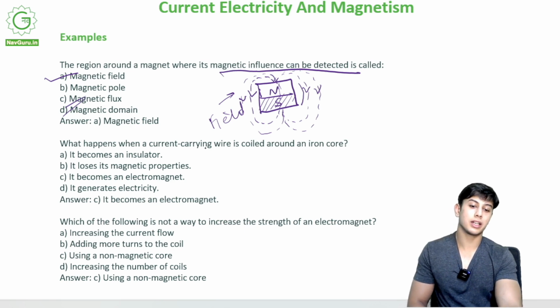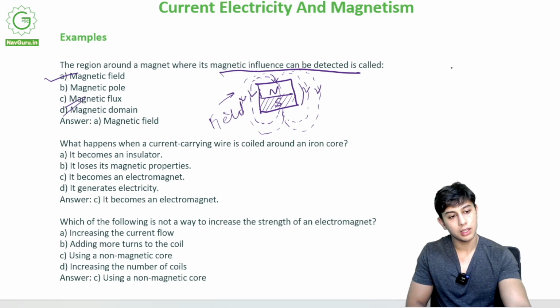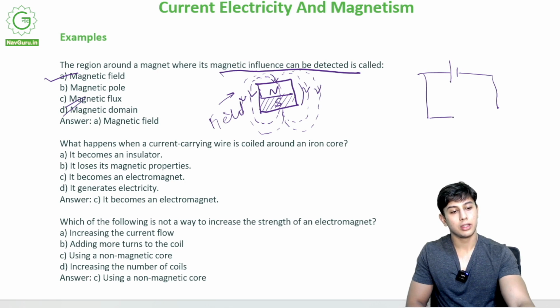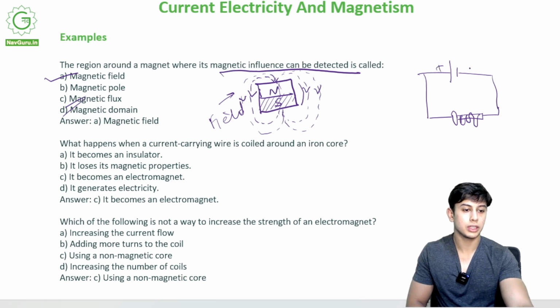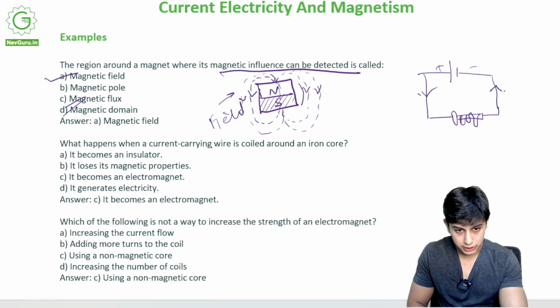What happens when a current carrying wire is coiled around an iron core? This is a circuit. This is an iron core, an iron nail. This wire is wound up around this core, positive, negative. Current is flowing from positive to negative. What happens?